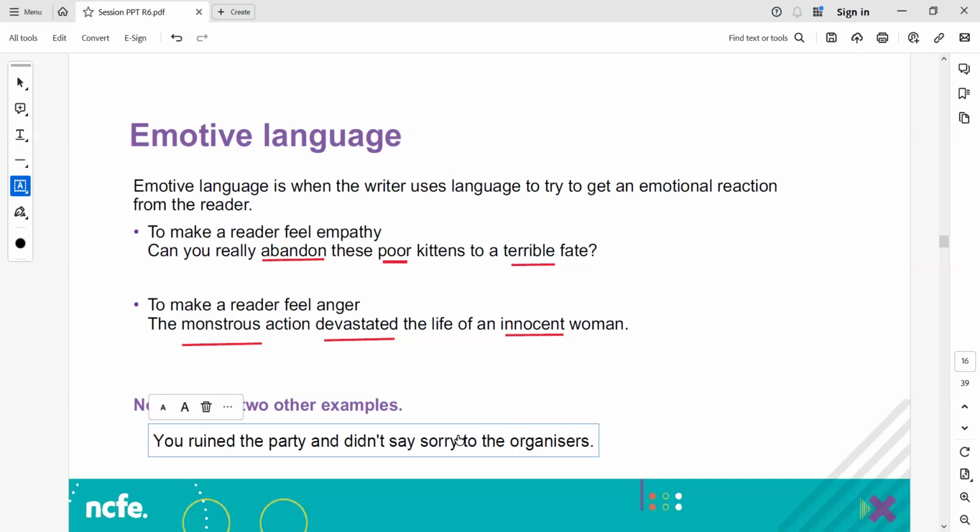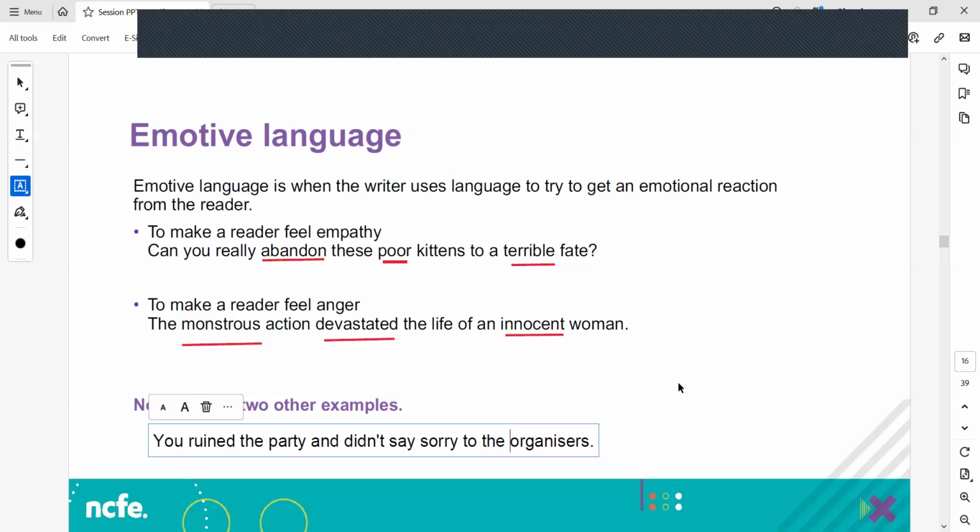How did they feel? Cheerful. Cheerful. So would they feel cheerful now the party's ruined? I'd say horrible. They felt horrible. No. They felt devastated, for example. I was thinking devastated.